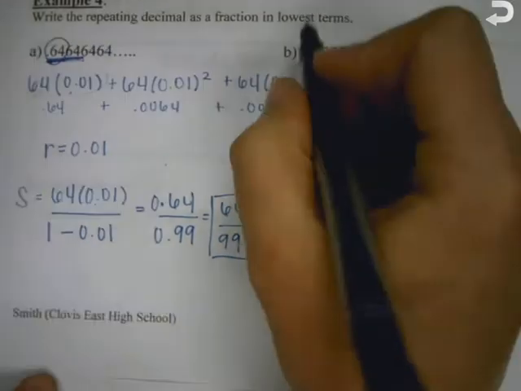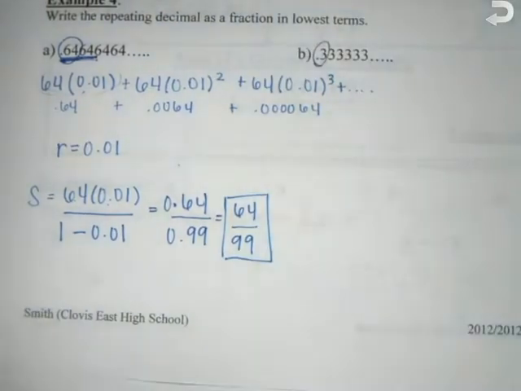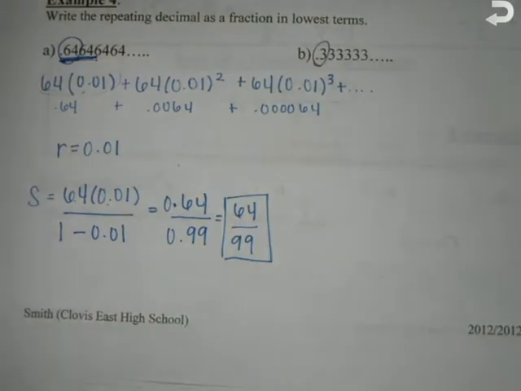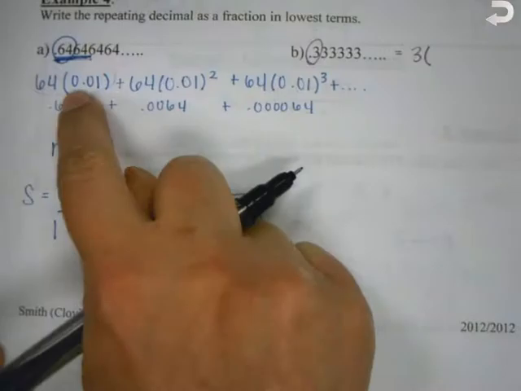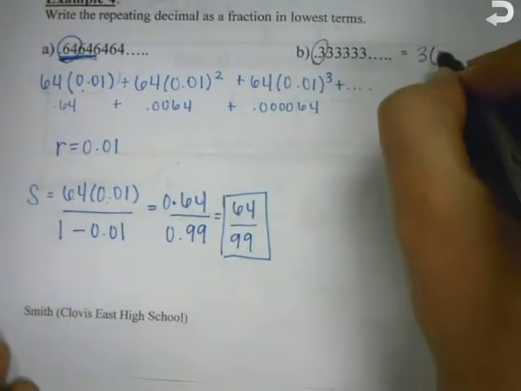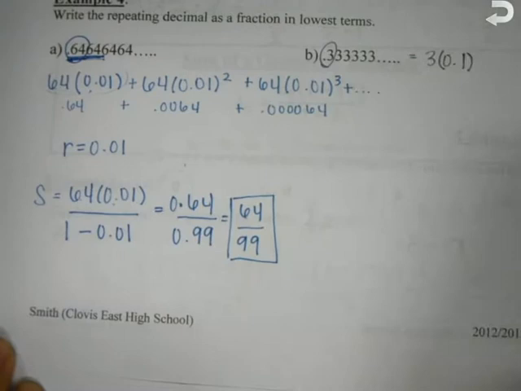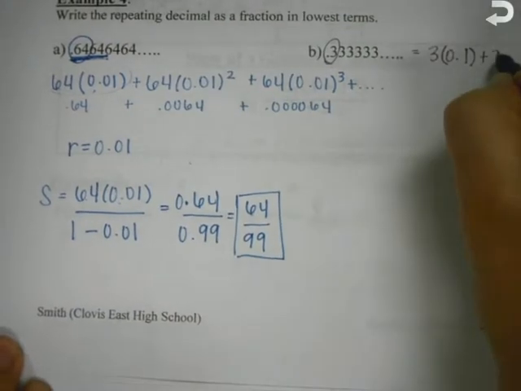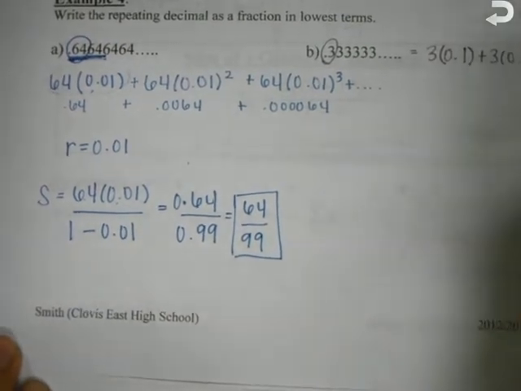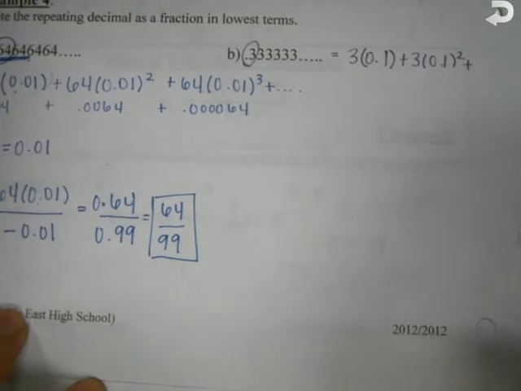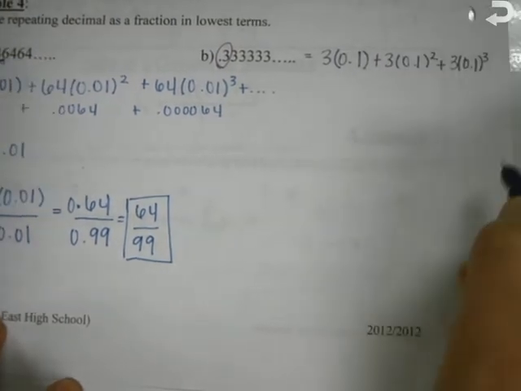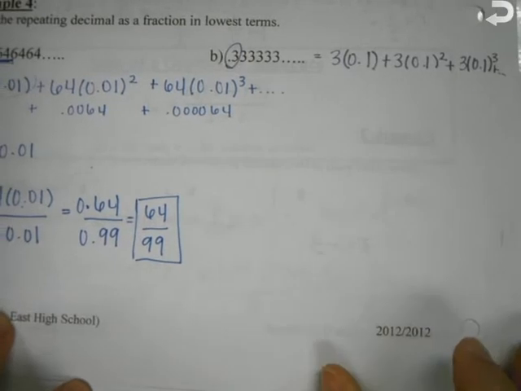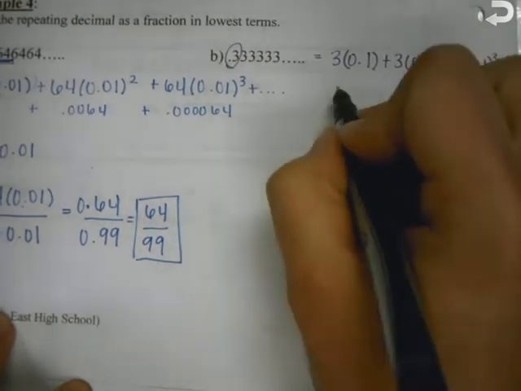This is the same as 3 times 0.1, plus 3 times 0.1 squared, plus 3 times 0.1 to the third, plus dot, dot, dot. So what's R in this case? 0.1, right? Is that between 1 and -1?